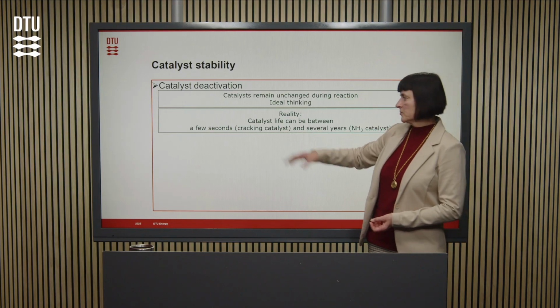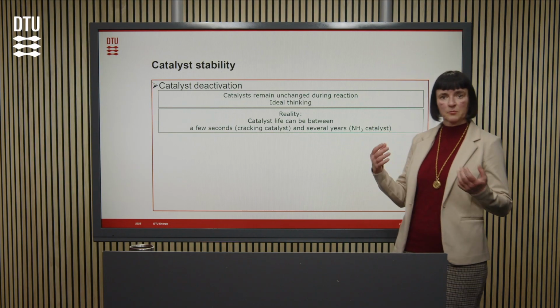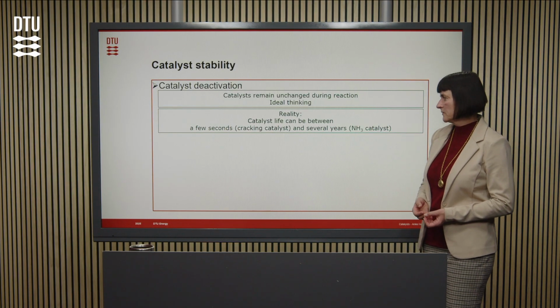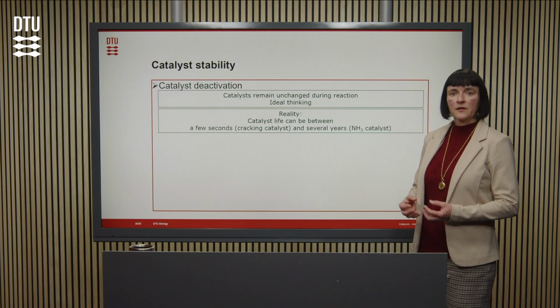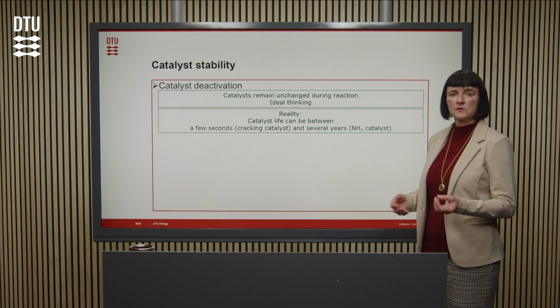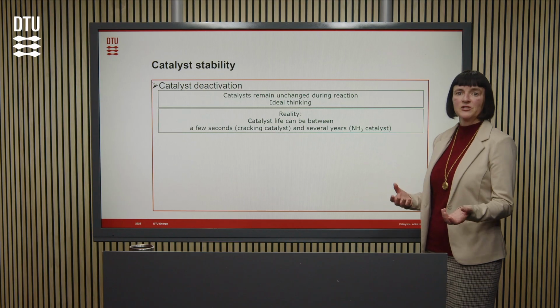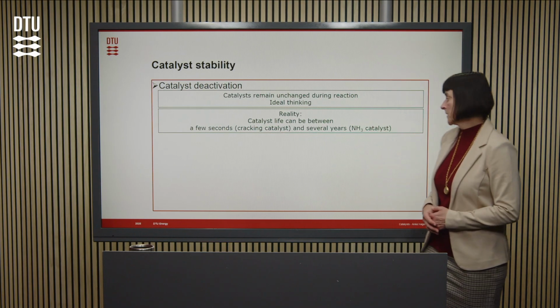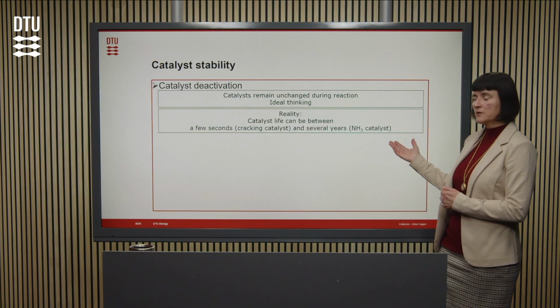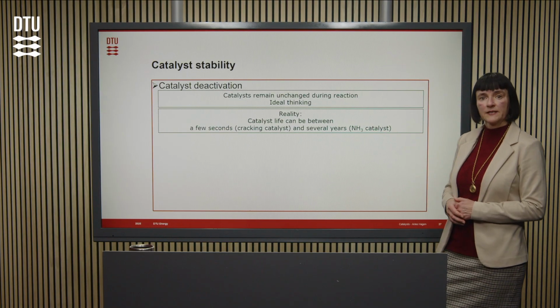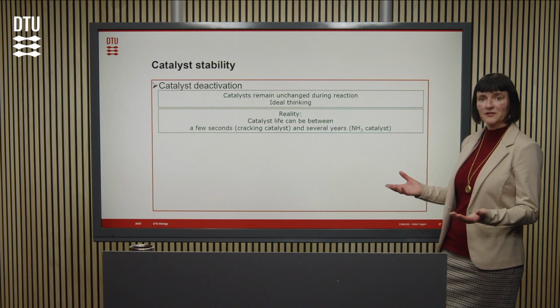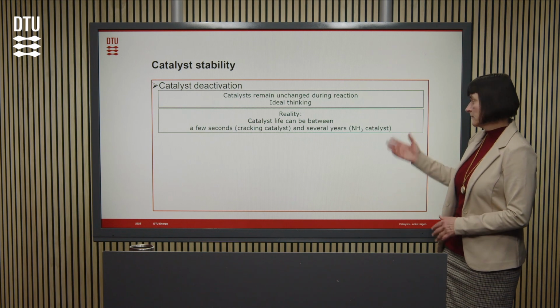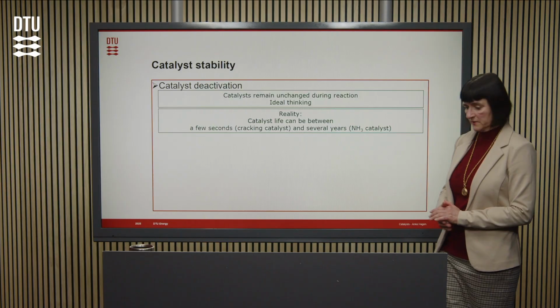For example, catalytic cracking is a large-scale process that utilizes the concept of a fluidized bed, so that you always have more or less continuous reaction and regeneration of the catalyst. So you can even live with a few seconds of lifetime. On the other extreme, several years, that is an ammonia catalyst, then it will be a different reactor design. Here you can have the same catalyst running for several years.